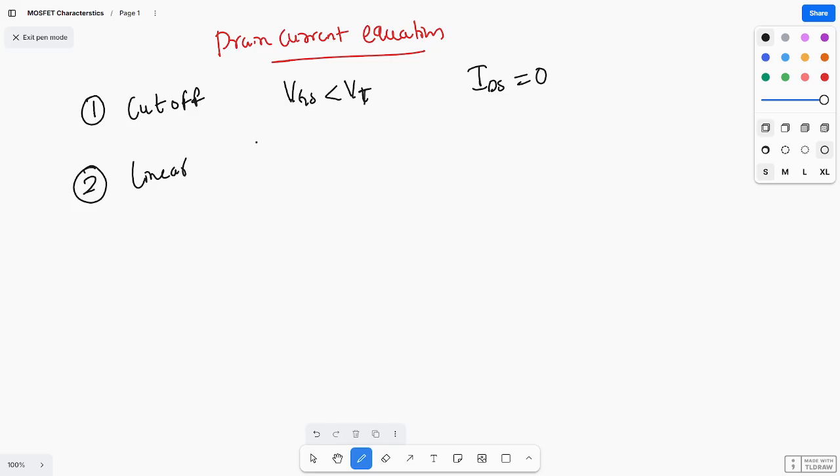Next, the linear region. VGS is greater than or equal to VT, and VDS is less than VGS minus VT.